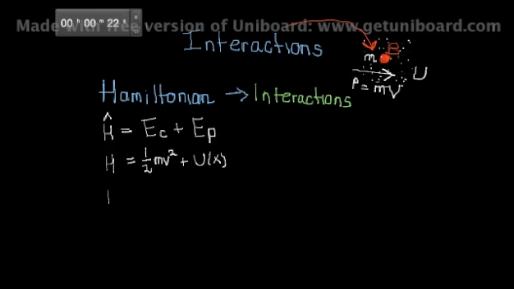So the Hamiltonian is just the mass of the particle and the speed or velocity of the particle squared plus the potential.